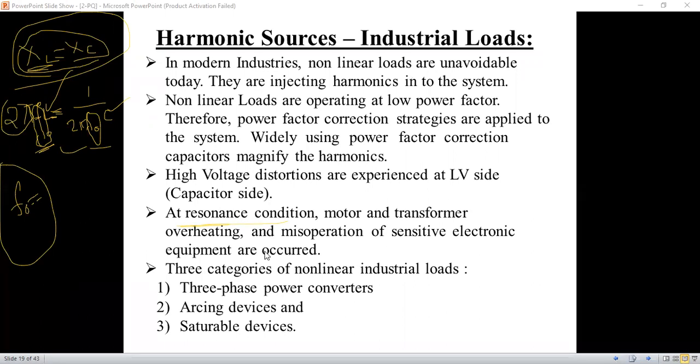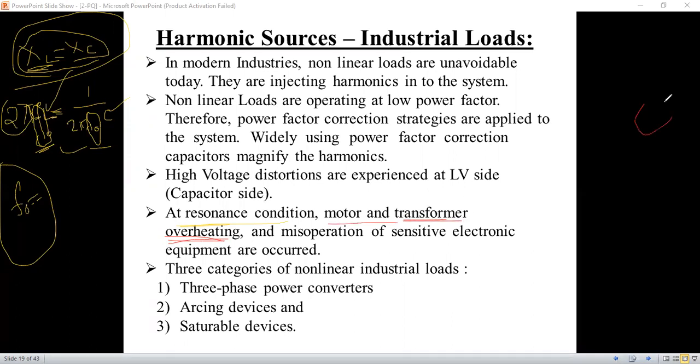So at resonance condition, motor and transformer overheating and misoperation of sensitive electronic equipment occur. Under the resonance condition, what will happen? The transformer windings and the core material are going to get heated.